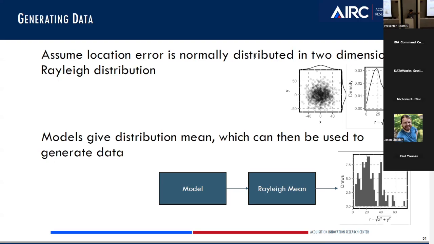The reason I picked a Rayleigh distribution is that if you imagine the error in east and north, or X and Y, are normally distributed, the norm of that 2D normal random variable will take a Rayleigh distribution. Okay.